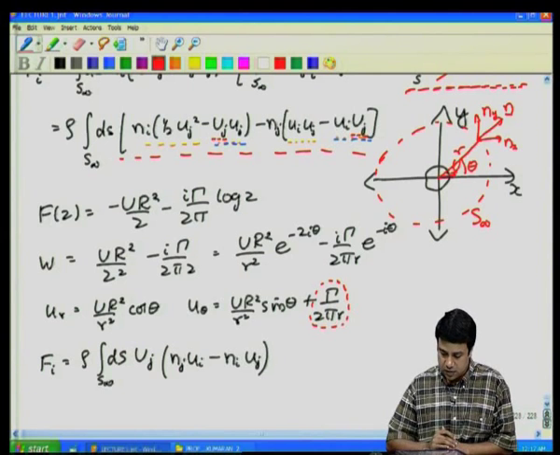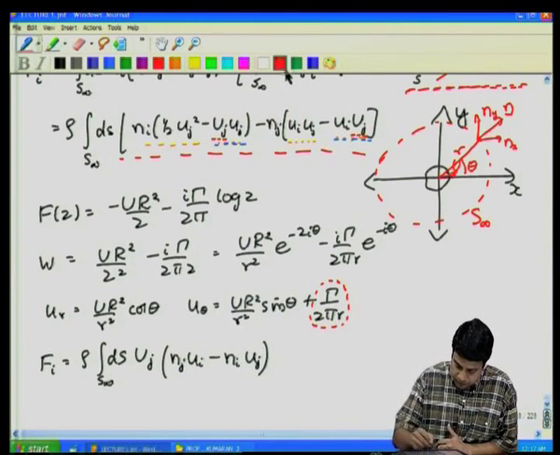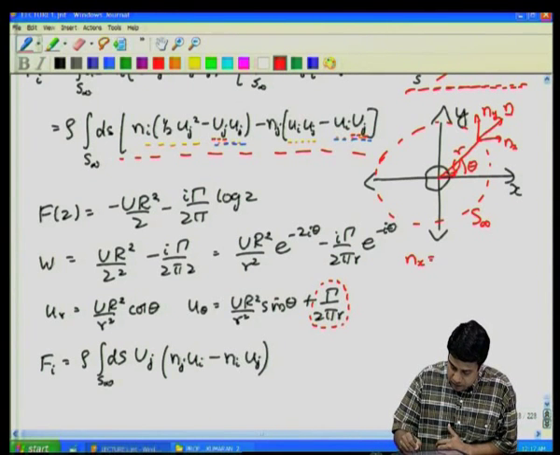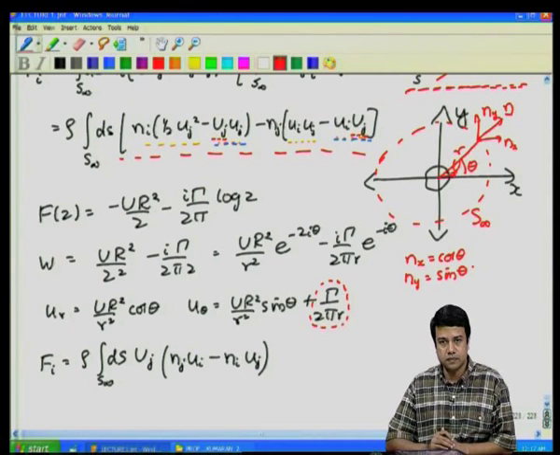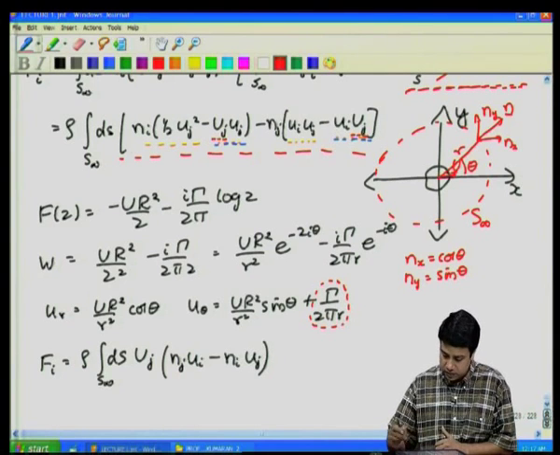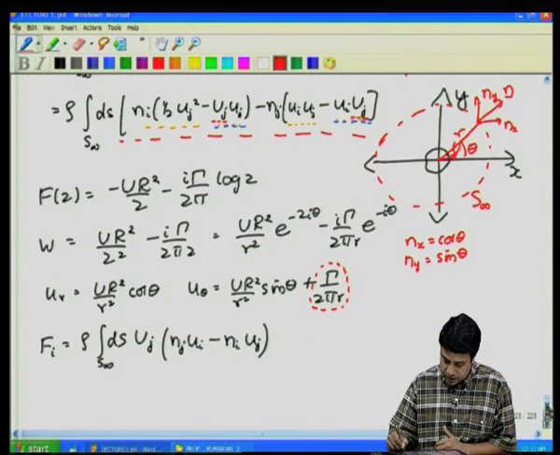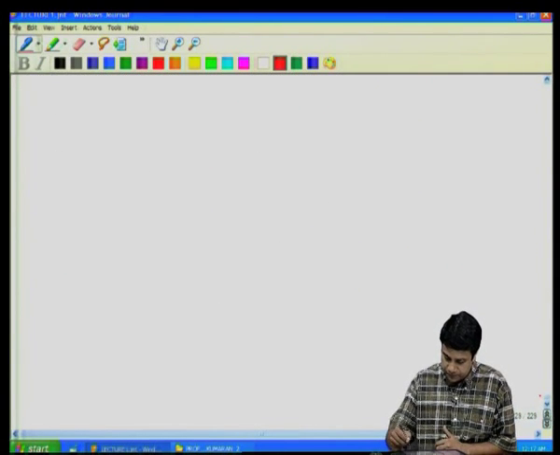And clearly n x is equal to cos theta and n y is equal to sin theta. What about the velocity at this point? U theta is equal to gamma by 2 pi r. So, let us just calculate what is the velocity at this point.